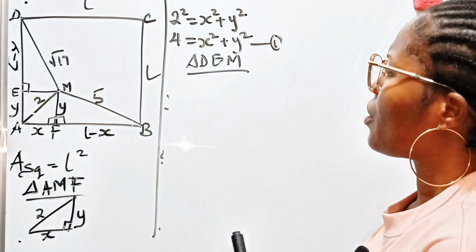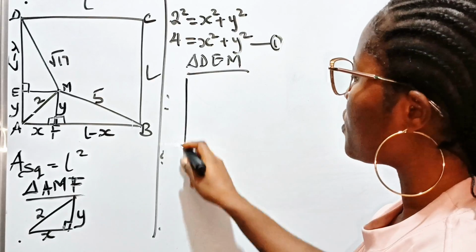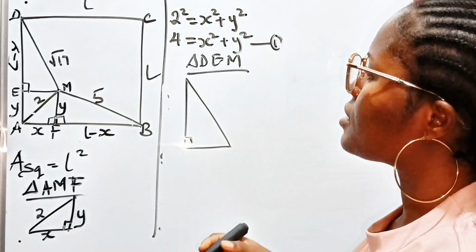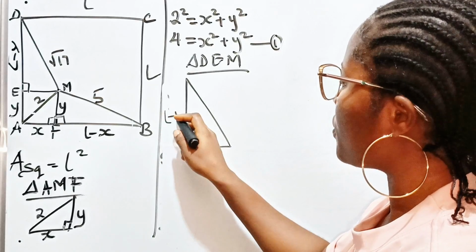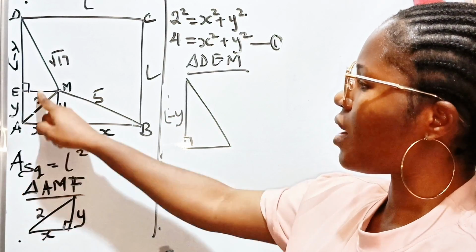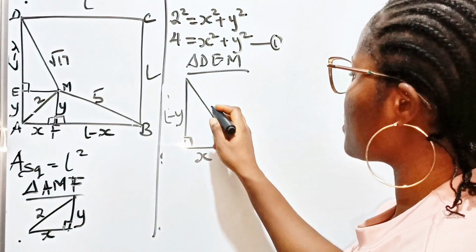All right, so in triangle DEM, you also have a right angle. So this is L minus Y. This side, remember that this side should be X, right? So this is X, and this side is root 17.